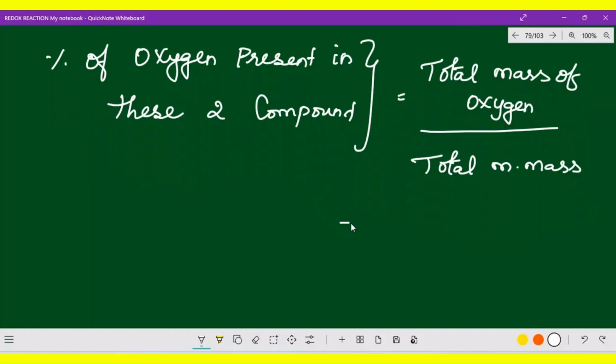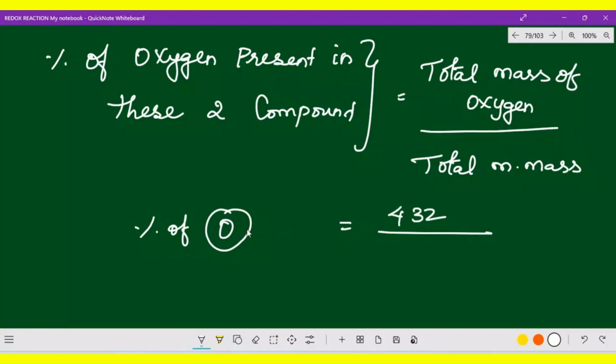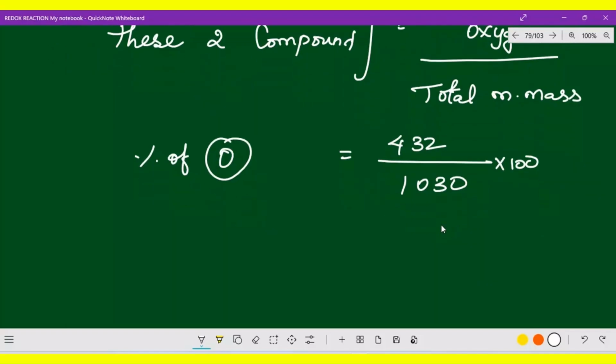Can you apply those two values here? So the percentage of oxygen atoms is 432 divided by 1030, into 100. So how much will you be getting for the percentage of oxygen atoms?